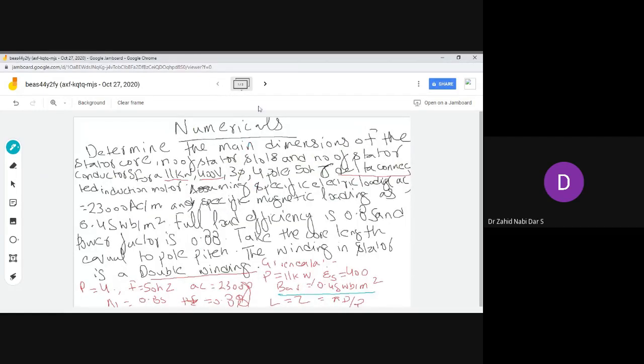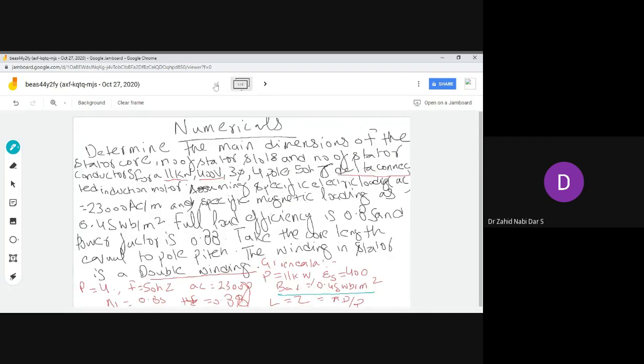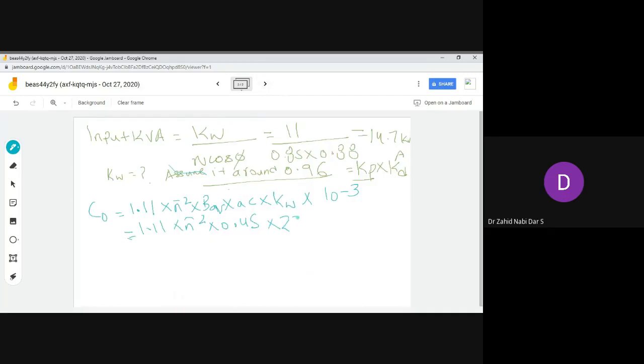So you can write 1.11 into pi square into 0.45. Ampere conductors value is here, 23,000. kW I told you to assume 0.96, into 10 power minus 3.